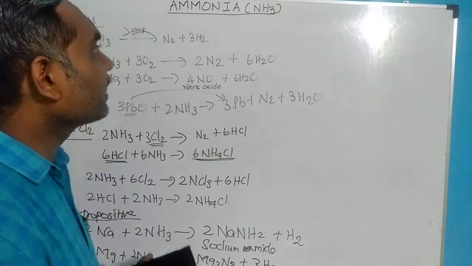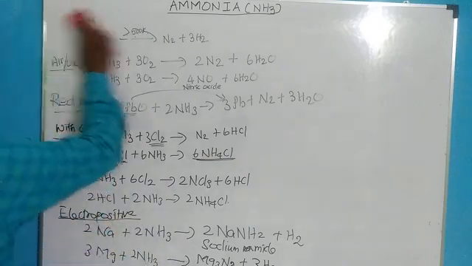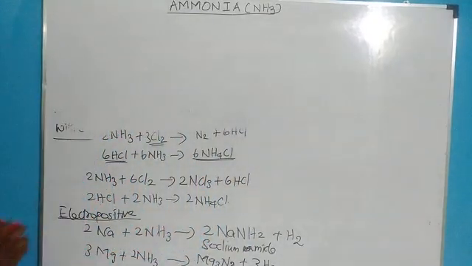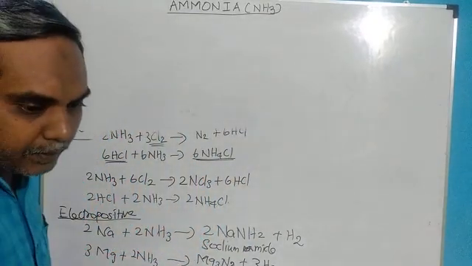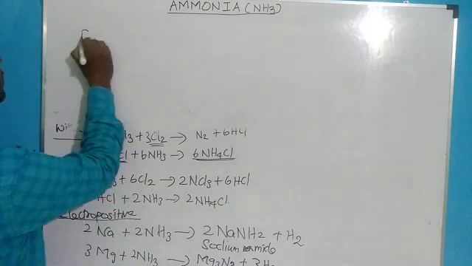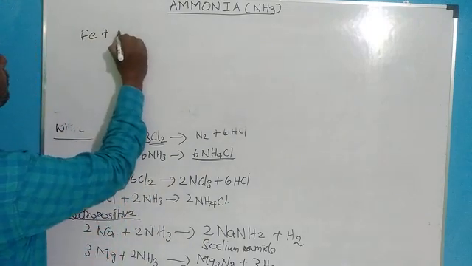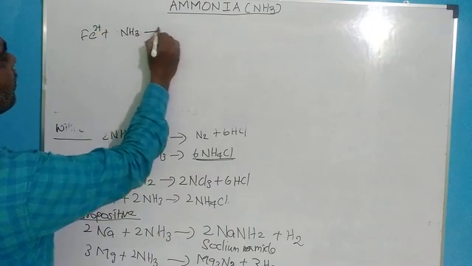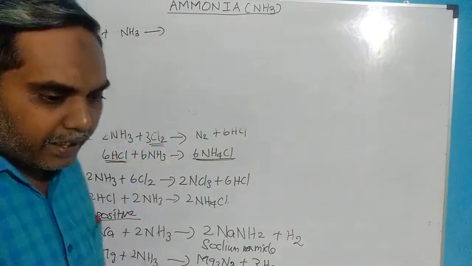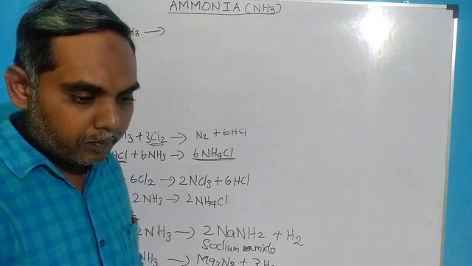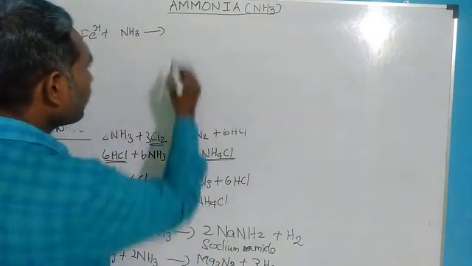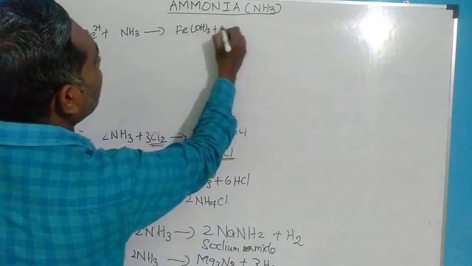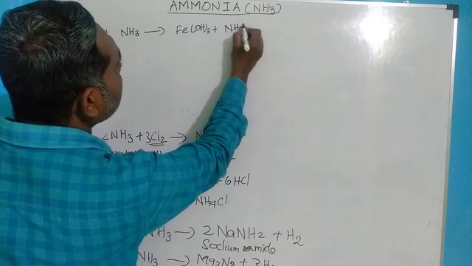Then it can also react with transition metals. For example, ammonia reacts with iron and forms ferric hydroxide and ammonium salt.